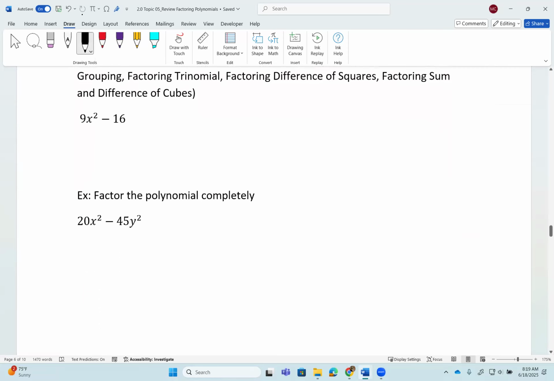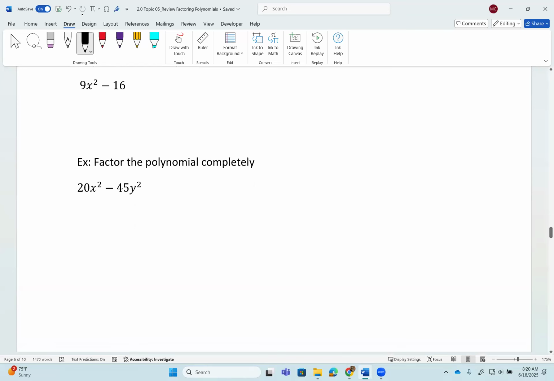All right, factor this polynomial completely. Right now, the 20 and the 45 are not perfectly squared, so at the moment this is not a difference of squares. Like I mentioned before, for every factoring problem the first thing you do is factor out the greatest common factor. Between 20 and 45, I can factor out a 5.